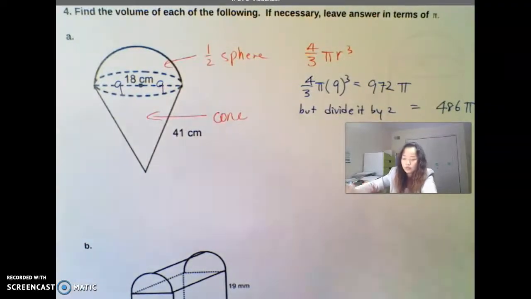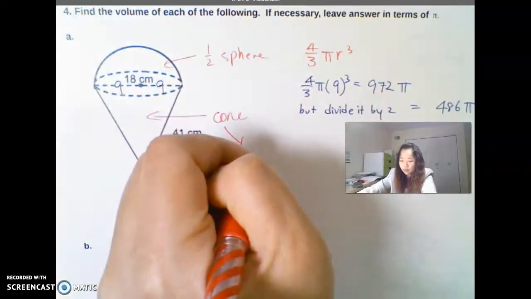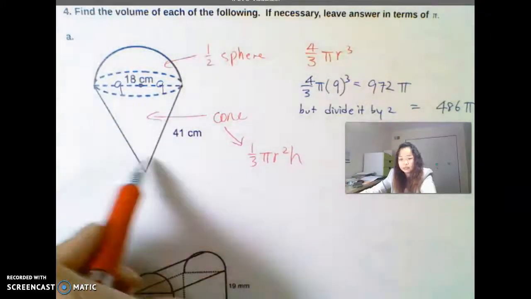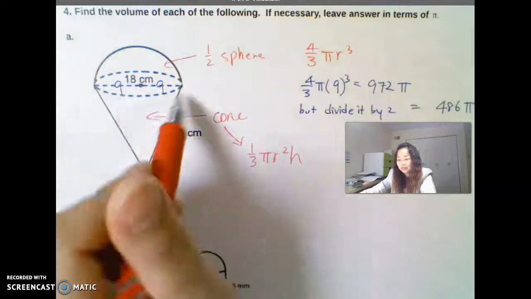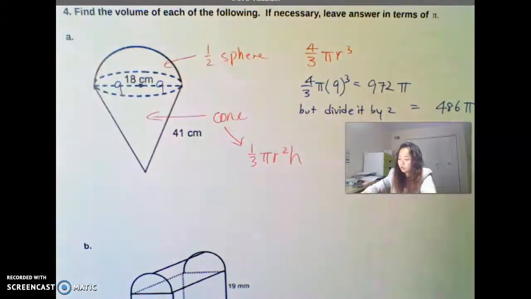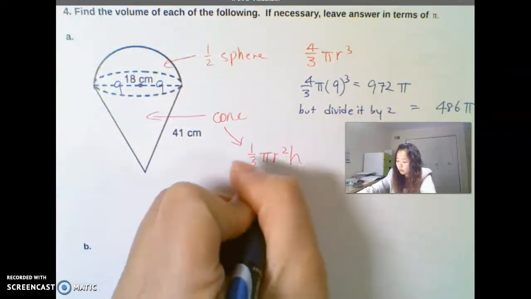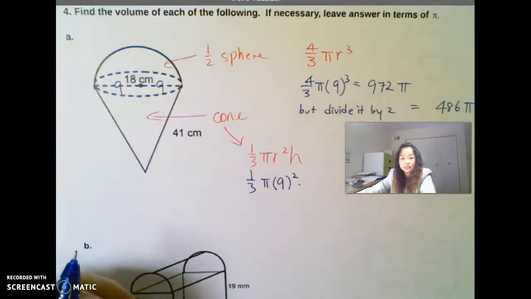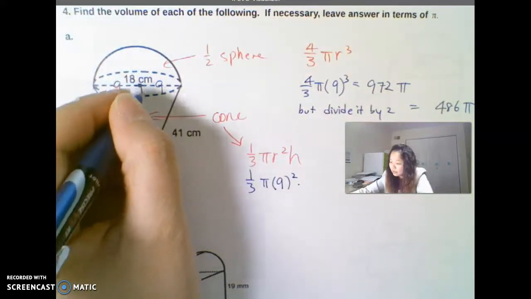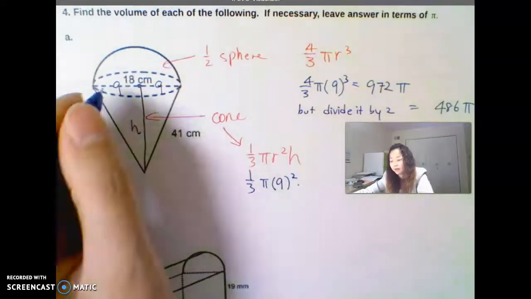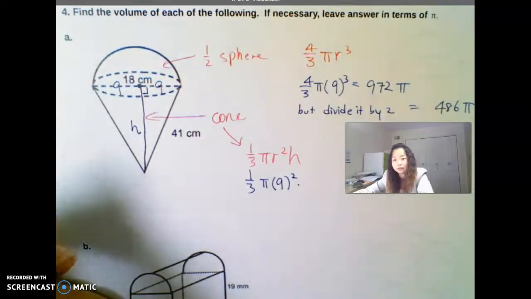The cone, look at the formula. It says cone is 1/3 pi r squared h. Now, we're talking about the entire cone, so the volume is the whole thing. So 1/3 pi, r was 9. What's the height? They didn't give it to us. You have to find it using the Pythagorean theorem.